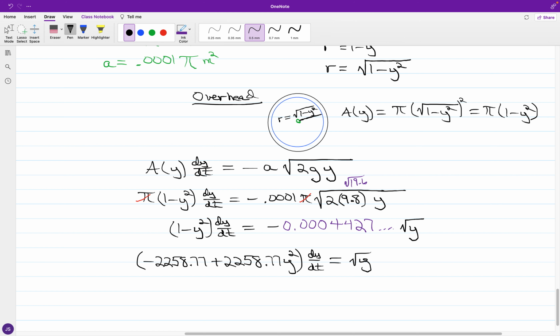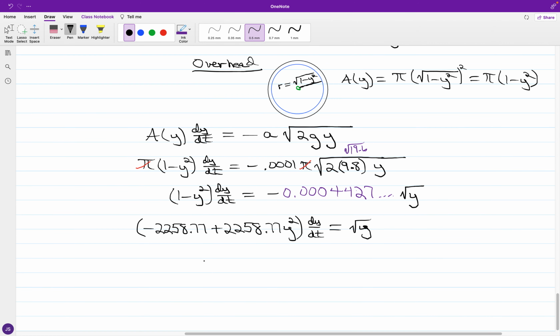So looking at dividing by the square root of y and multiplying by dt, in the rewrite we have minus 2258.77, and dividing by y to the 1/2, we end up at y to the negative 1/2.